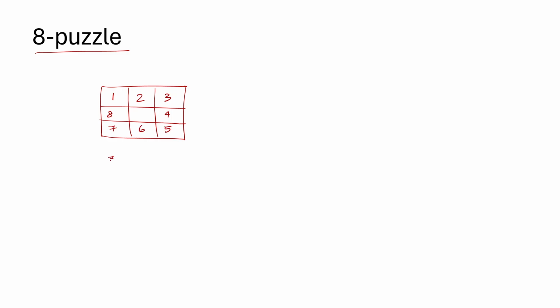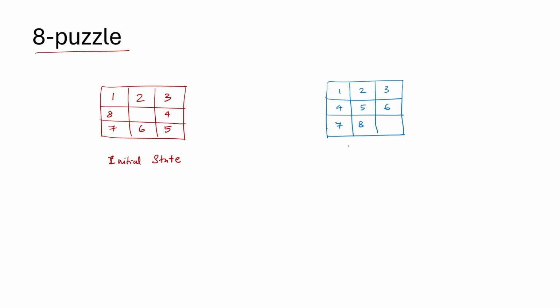This is the initial state. And then 1, 2, 3, 4, 5, 6, 7, 8. This is the goal state.